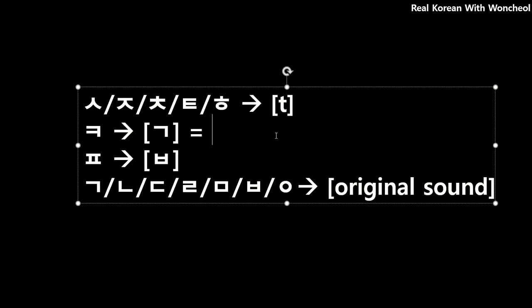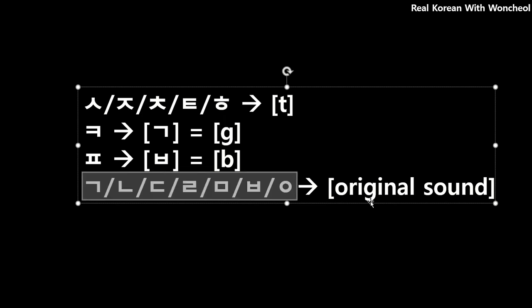So it's more like G, right? And then this one is P sound here. So this one originally had P sound, right? But as a final consonant, it's P sound. And this one originally K sound, but as final consonant, G sound. And the rest still have the original sound.